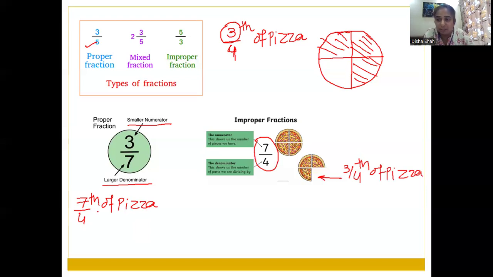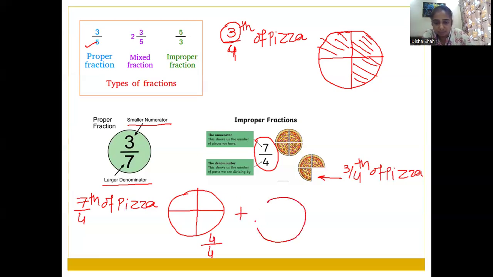Because the numerator is big and the denominator is small. So what does 7/4 mean? If we cut one pizza into 4 pieces like this, you can have all 4 of them, that is, 4 out of 4. And in the next pizza, 7/4 means that if we cut a pizza into 4 pieces, we can have 7 pieces.